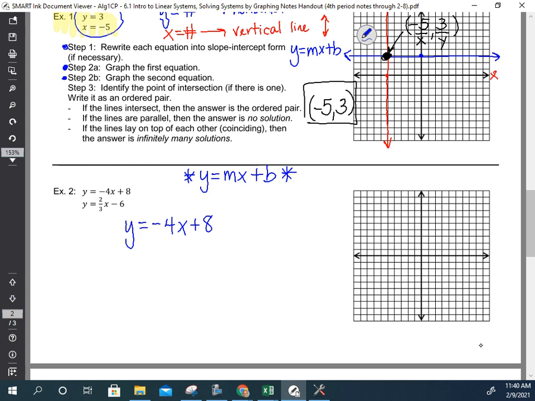The same rules that we were following in the first semester, in the last 2 units, still apply here. Your slope is the number in front of the x. Your y-intercept is the number behind it. If the slope is not a fraction, you go ahead and make it a fraction.